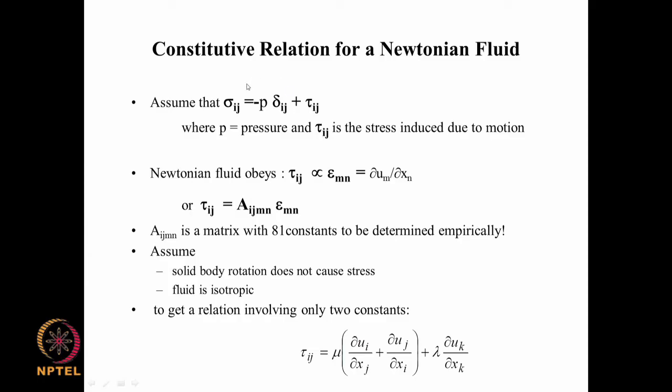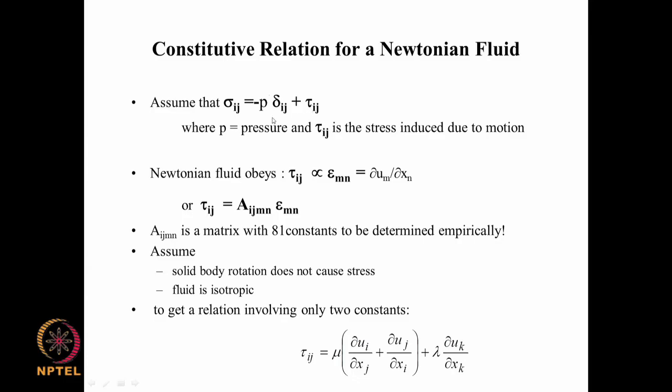So, in that sense, minus p becomes a compressive stress which is adding to sigma xx, sigma yy, sigma zz, but it does not appear in the shear stress components sigma yz, sigma zx, sigma xy and all those things. Okay. So, we are decomposing the stress into a hydrostatic stress component and a viscous stress component which is induced by relative motion within the fluid.